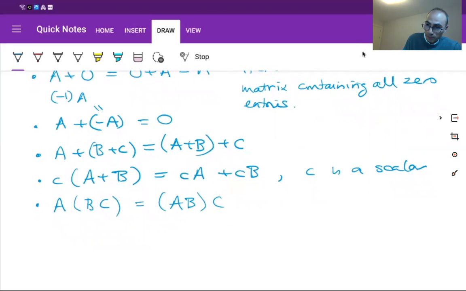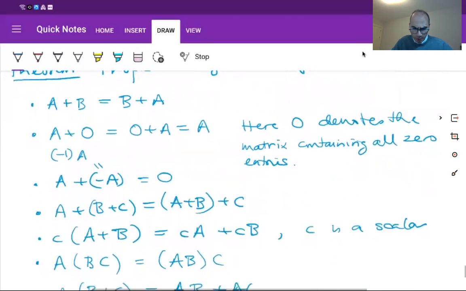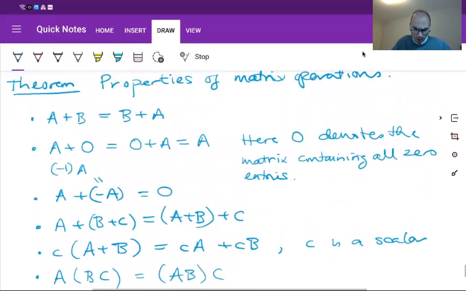And we have certain distributive rules: AB plus AC, and A times, so here again, small c is a scalar, this is c(AB). Okay, so c here is a scalar. Okay, so these are the properties of matrix operations.